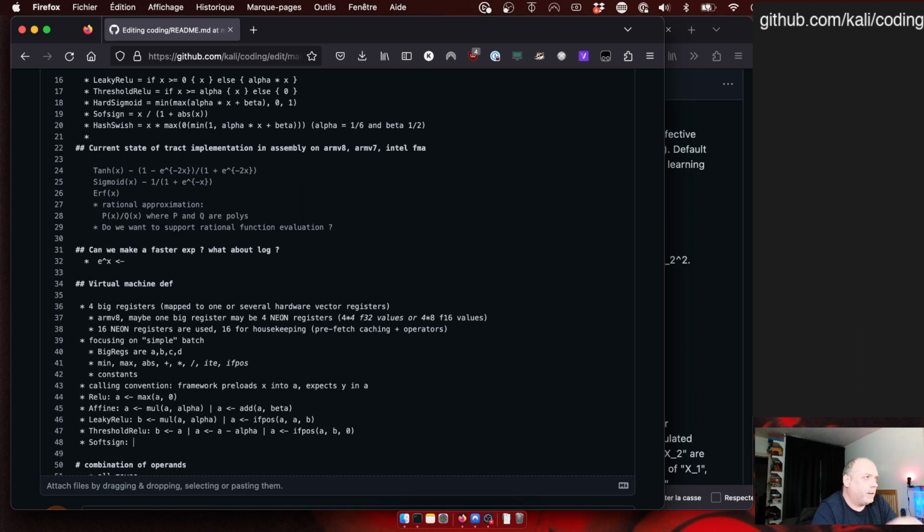Soft sign would be spelled abs. So I need to move x to B. Then I can run abs. So I'm already more or less assuming that most operators will write to A, though it's not strictly true.